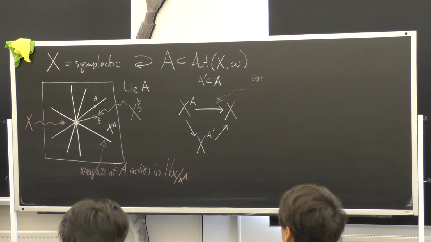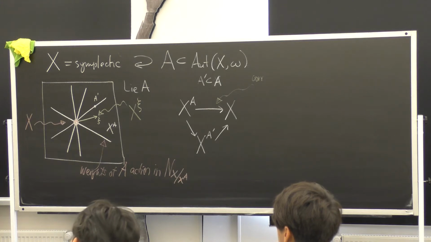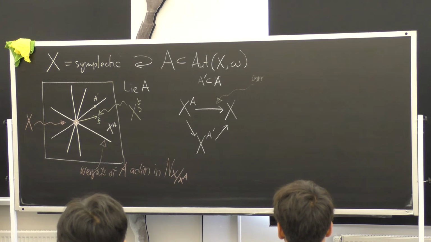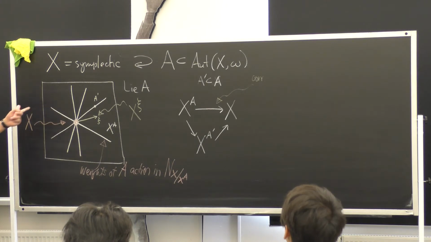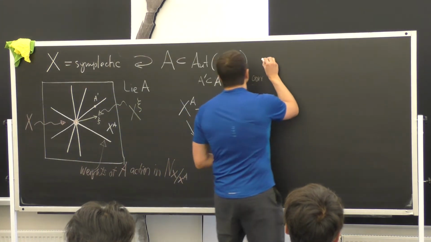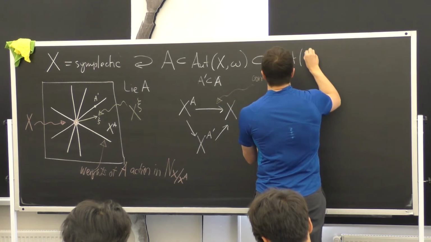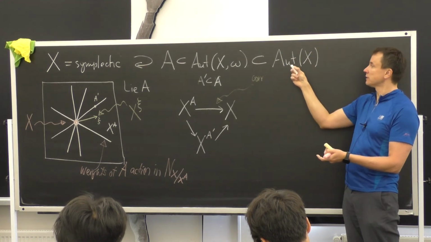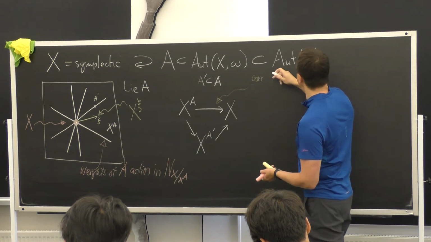That's because this A is a subgroup here, and there's some bigger torus.